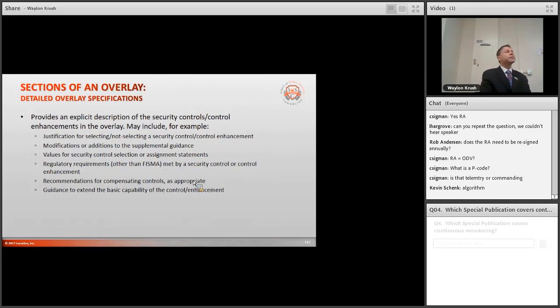The risk executive function, many times in an organization, provides the enterprise risk assessments. So they provide all the risks that they see from an organizational perspective. They also, a lot of times, provide subject matter expertise in their field. In NASA, that might be research, development of simulators, or flight systems. They're part of that group.